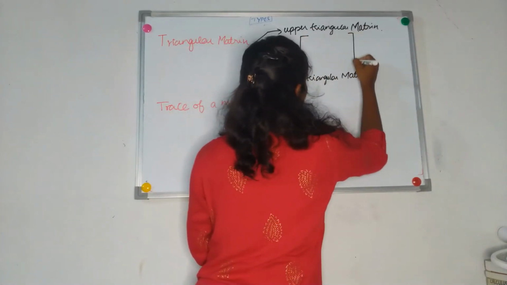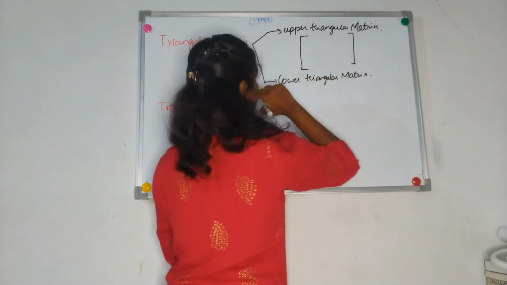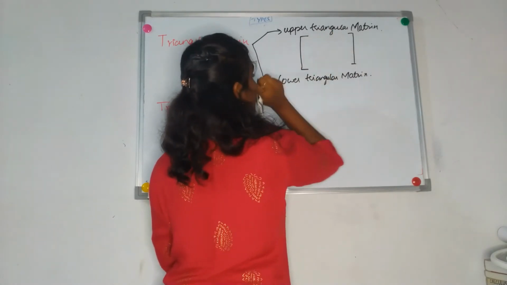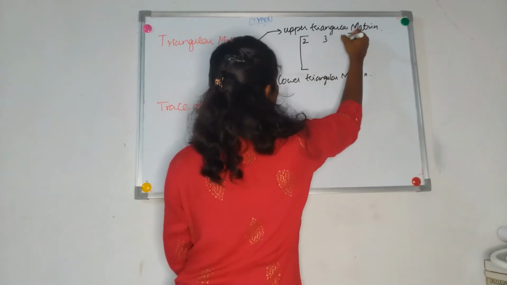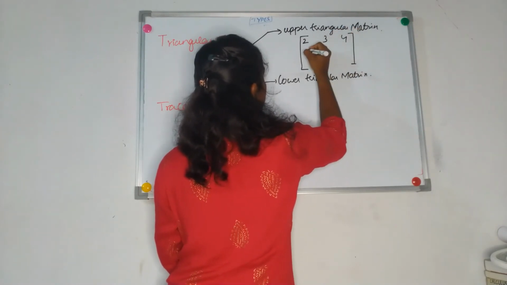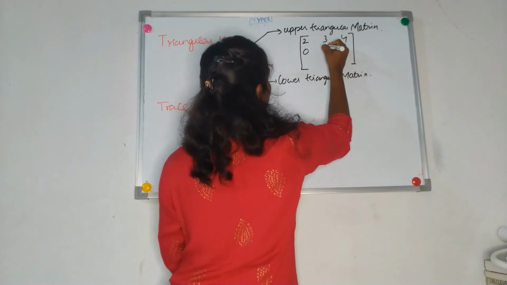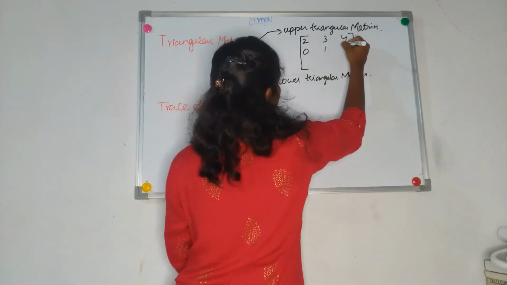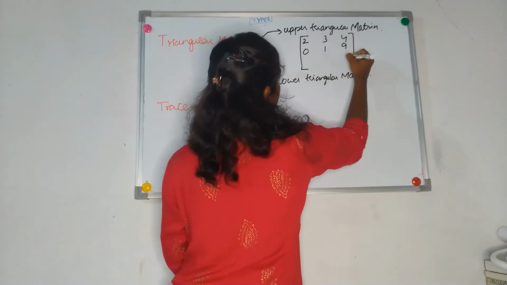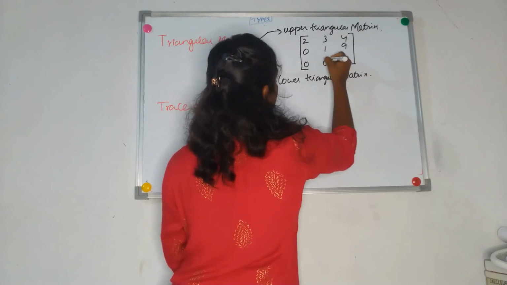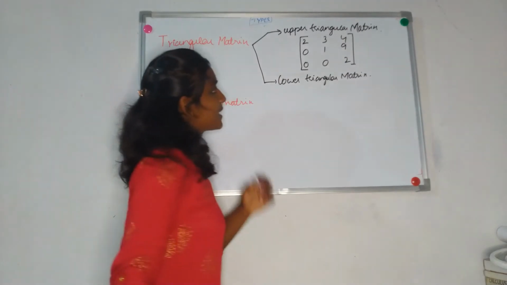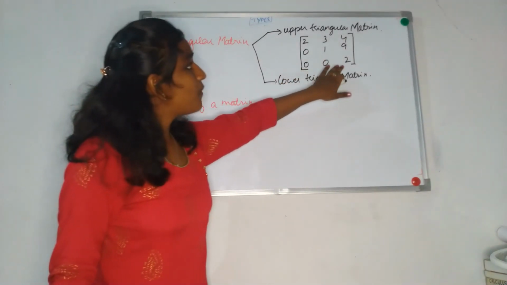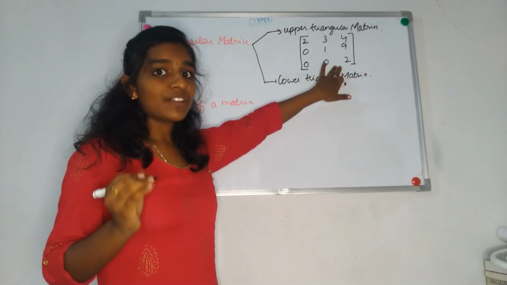Let me write an example and then deal with it. Okay, 2, 3, 4, 0, 1, 9, 0, 0, and 2. So what does upper triangular matrix mean?